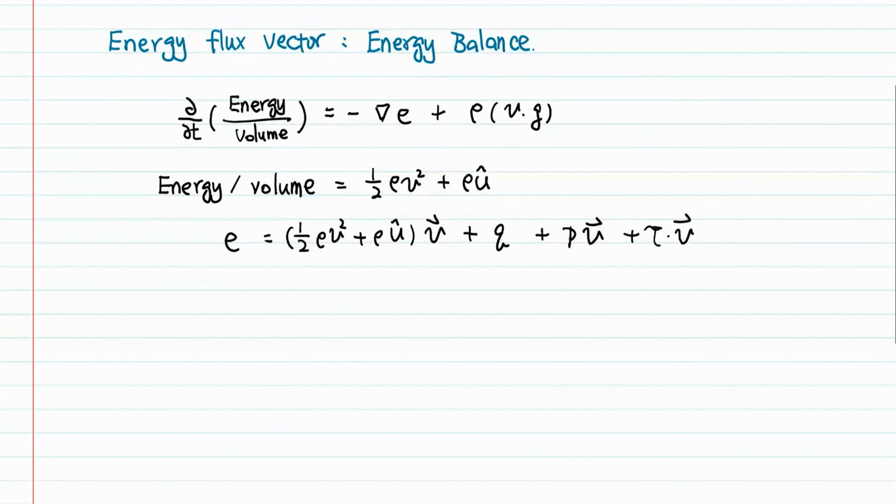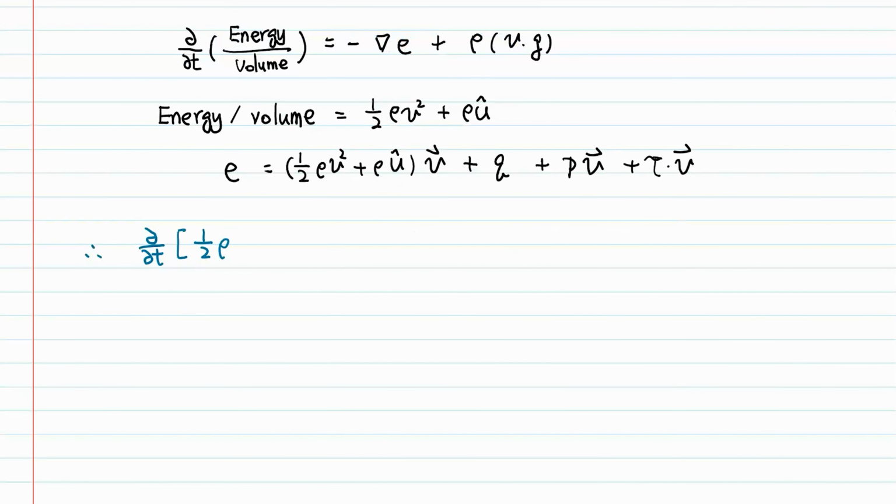So if we expand the equation to its full form, we now have on the left hand side the change of the kinetic and internal energy per volume of the fluid. It equals the gradient of the combined energy flux vector, which has a lot of terms: the convective term, heat transfer, and the work associated. So let's write that down.